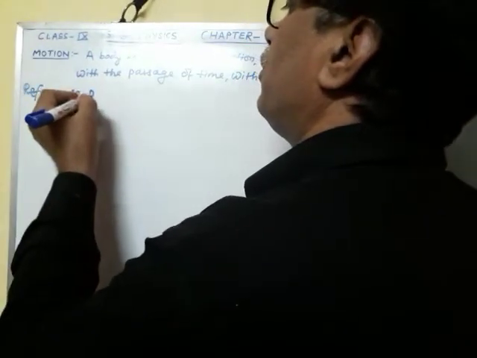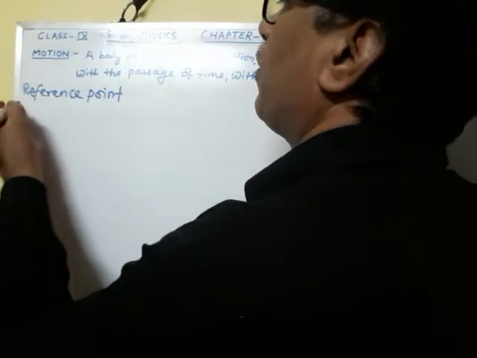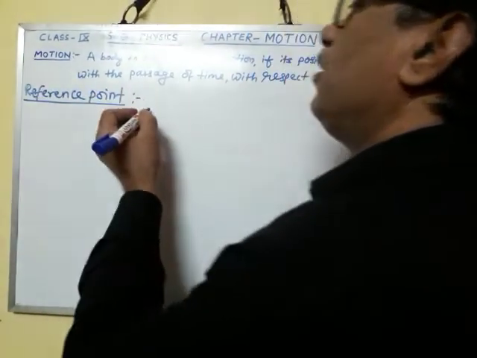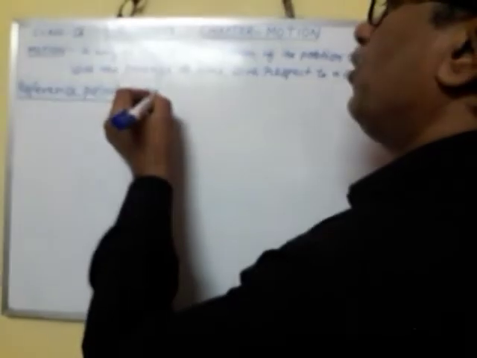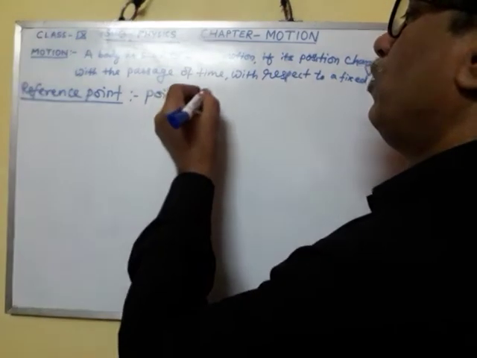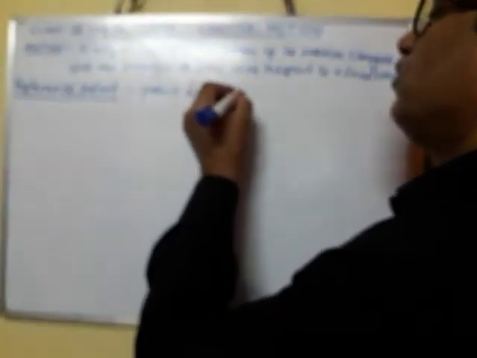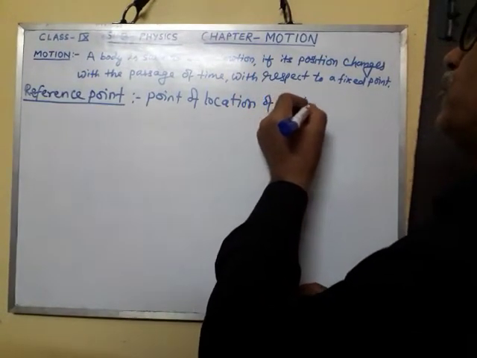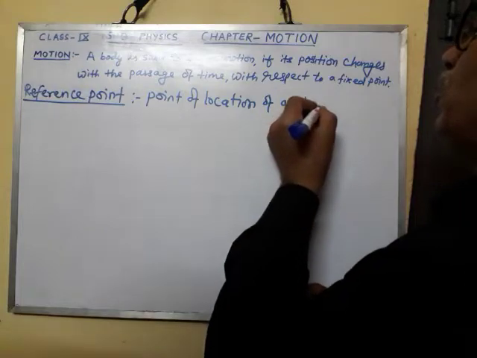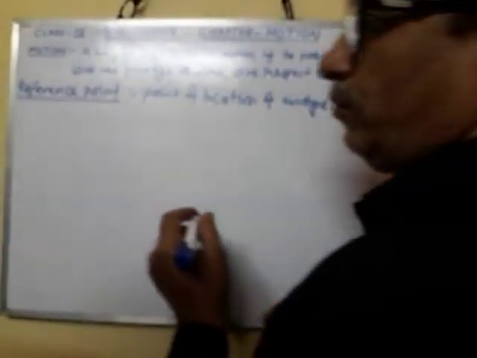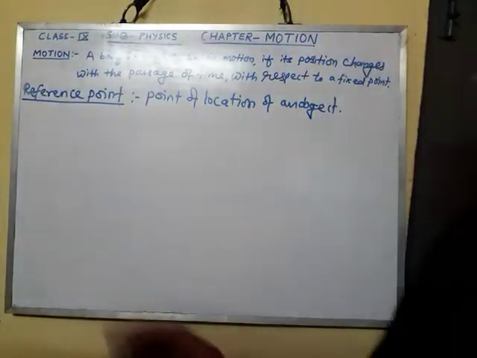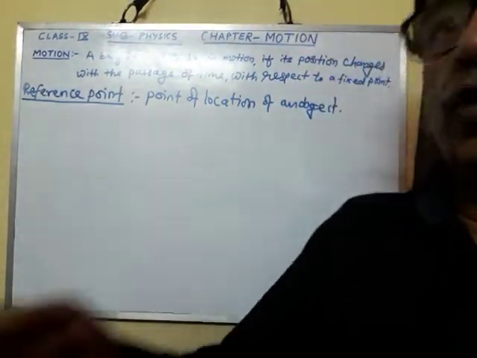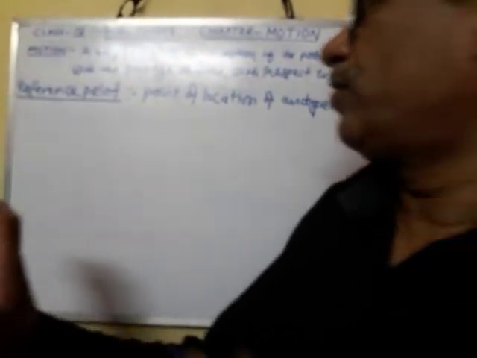A reference point means the point of location of an object. We describe the position of the object with respect to a fixed point. That is called the point of reference.